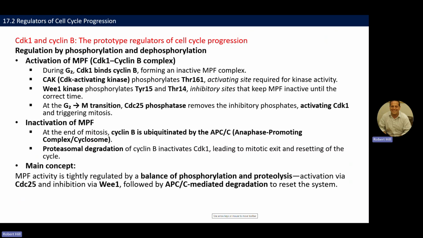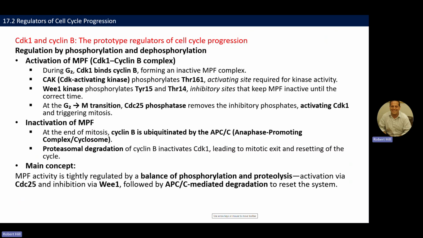All right, so after it's been activated, then we know it's going to have to be deactivated, and that's going to occur after mitosis. So at the mitotic exit, cyclin B gets ubiquitinated, and it gets ubiquitinated by a complex made up of APC and also C protein.